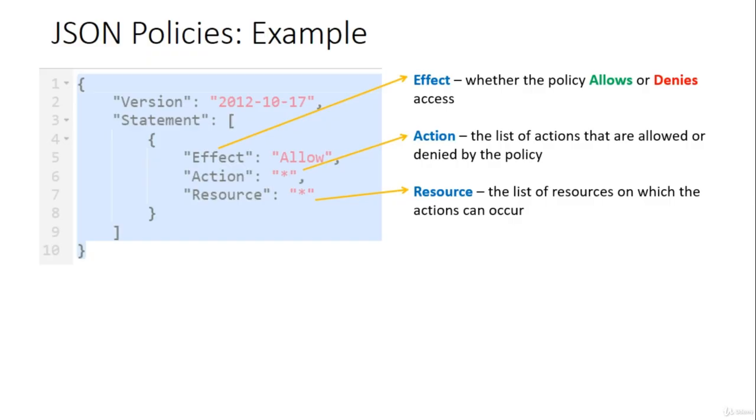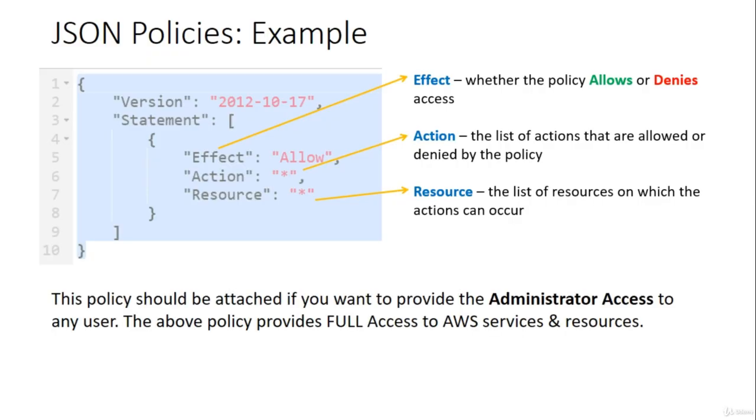In the sense that it is allowing all the actions on every resource in AWS. So this policy should be attached if you want to provide the administrator access to any user. The above policy provides full access to AWS services and resources. So remember this, it is providing full access to AWS services and resources.